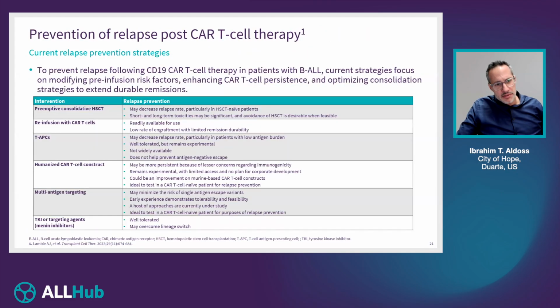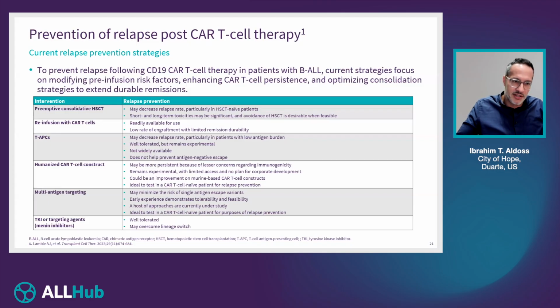So current relapse prevention strategies in CAR T cells, again, as I mentioned, at least half the patients relapse after CAR. So there is also an interest in how we can improve remission durability and decrease relapse. I think the most established one is to do consolidation with transplant after CAR T cell therapy for those who respond, especially for transplant-naive patients.